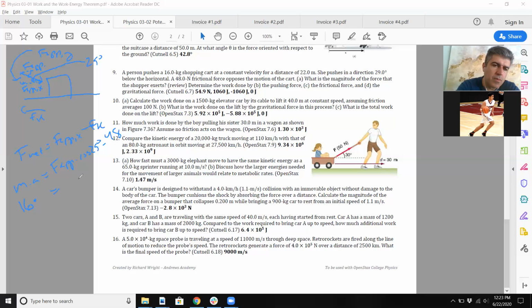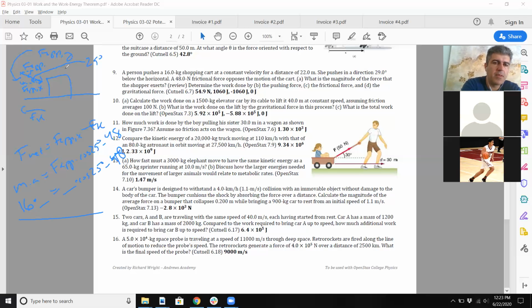So those are the two things we don't know here. So now let's consider the perpendicular forces. You do have Fn going that way. You do have weight due to gravity. And you have FFy.